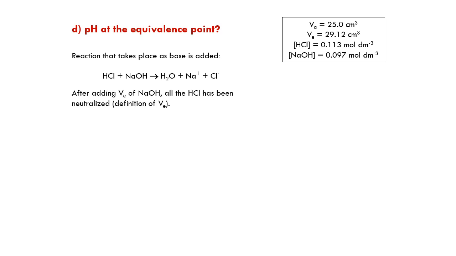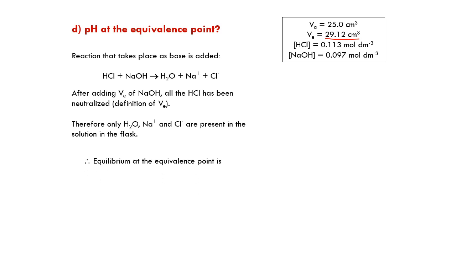After we've added the equivalence volume that we determined earlier to be 29.12 cm³, all of the HCl would have been neutralized. So in the solution, all we have is water, sodium ions, and chloride ions, right? Your sodium and chloride ions are neutral.